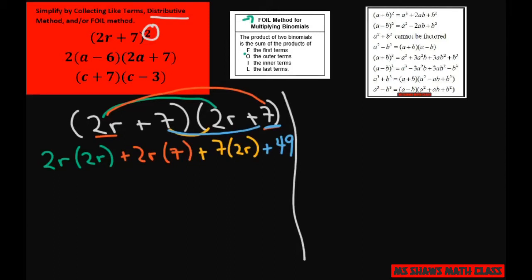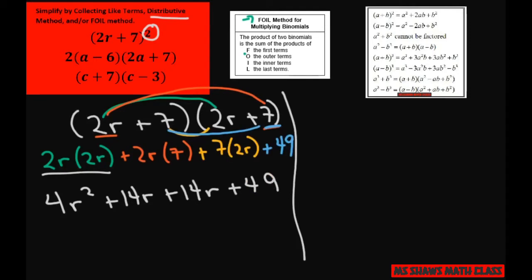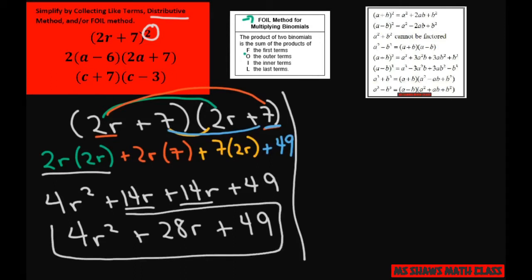So when we simplify this, we're going to get 4r squared plus 14r plus 14r plus 49. This gives you 4r squared plus 28r. There's 14r plus another 14r is 28r. And then just carry down that 49.